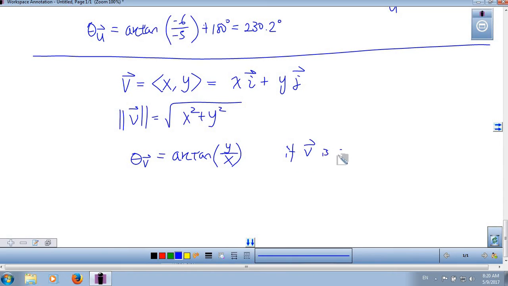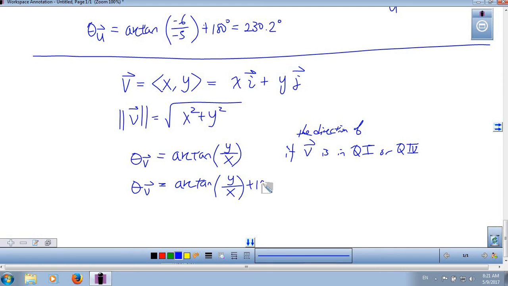Now this is if the direction of vector v is in quad 1 or quad 4. If it's in quad 2 or quad 3, the second or third quadrant, you would do well to add 180 degrees. This is a basic rule of thumb.